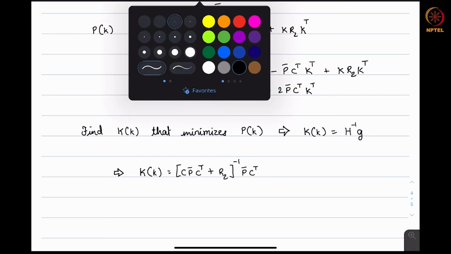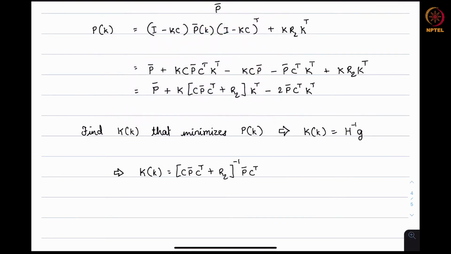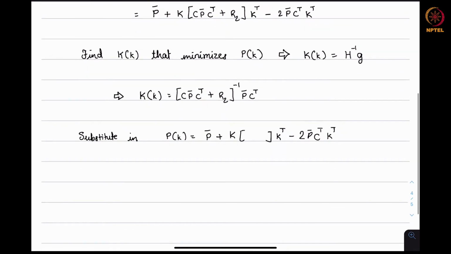Okay, and then we can substitute in Pk equal to P bar plus... If we were to substitute in this equation, again you can go over the math.